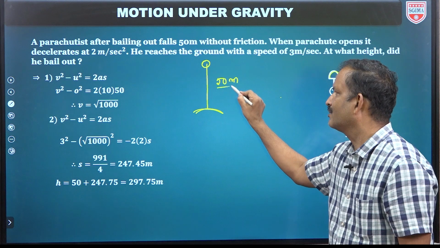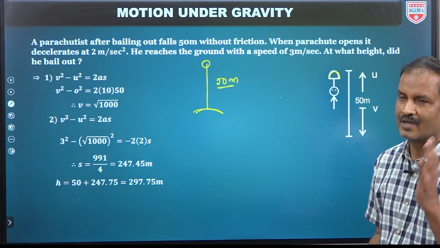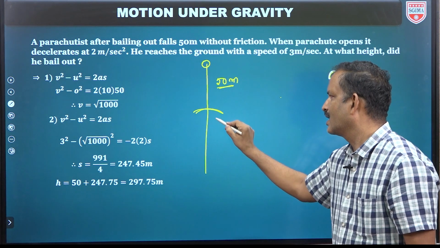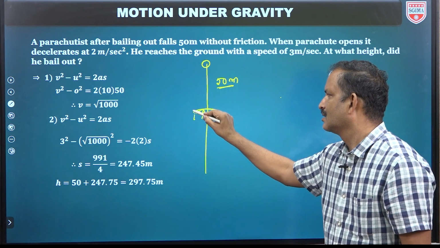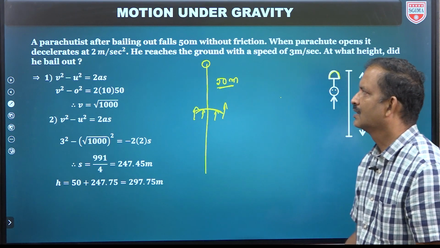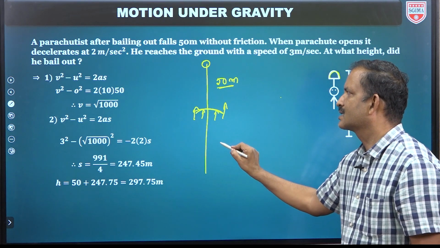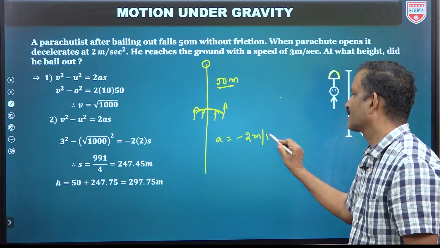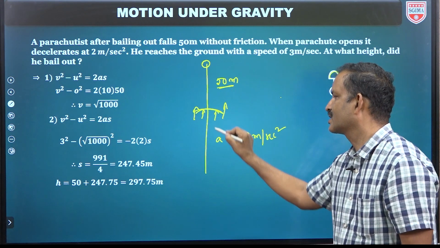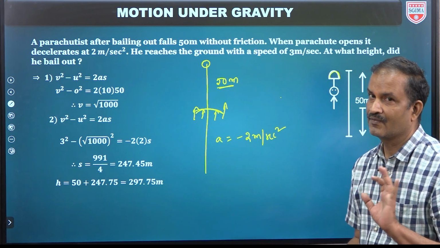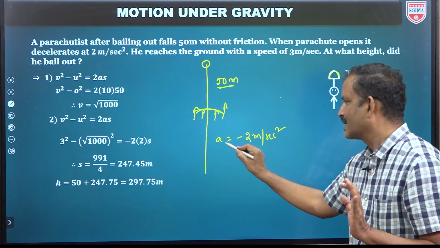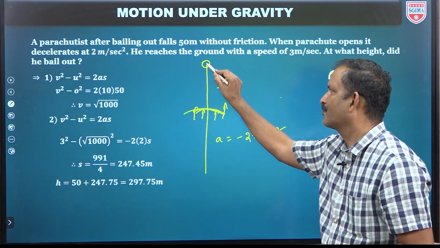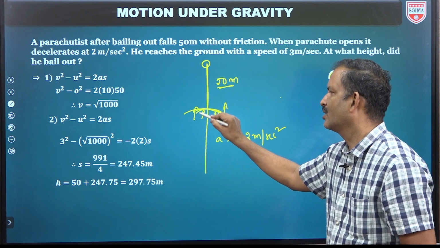Up to that 50 meters, he is a freely falling body. After that, due to the air frictional force, he decelerates with minus 2 meters per second square. Air friction is considered. This is not a freely falling body. It has some deceleration because the parachute is there. But up to this point it is a freely falling body.